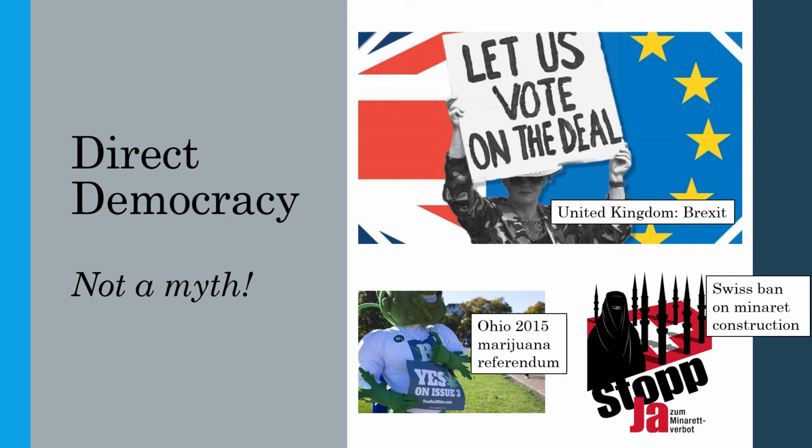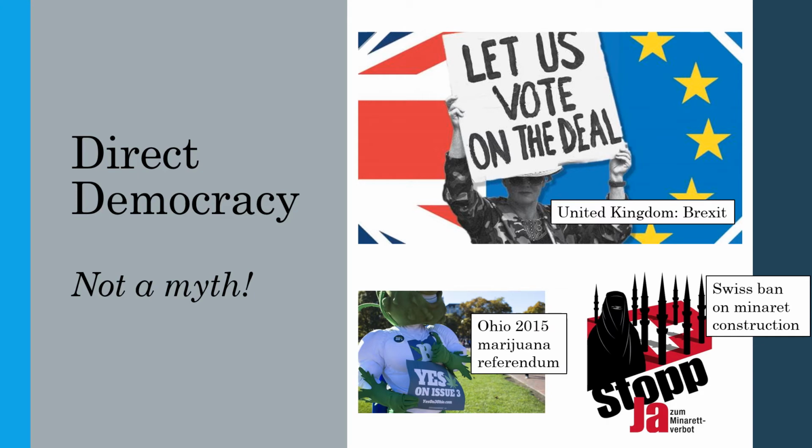Minarets are towers which are generally built on top of or adjacent to mosques, so this is a form of religious architecture in the Islamic faith. Switzerland banned new construction of minarets, and that's part of their constitution.